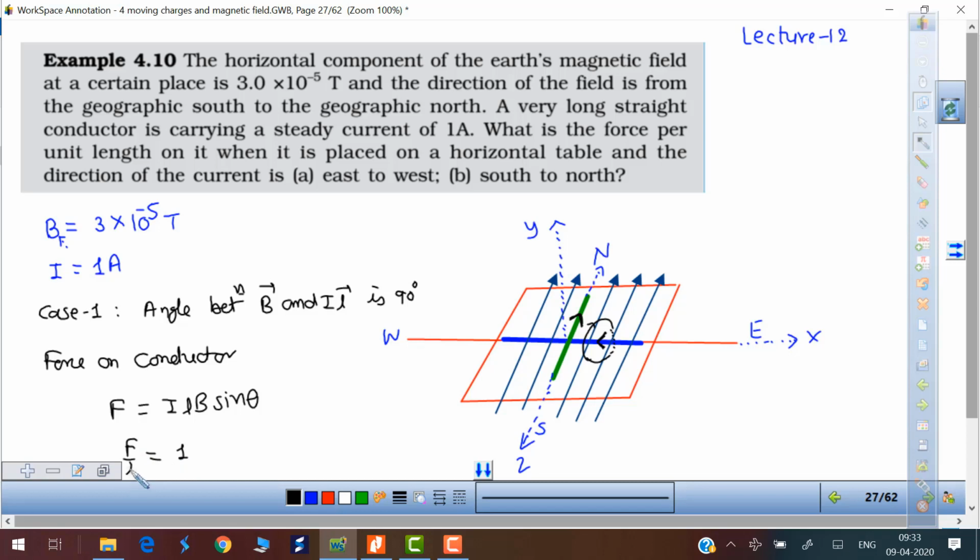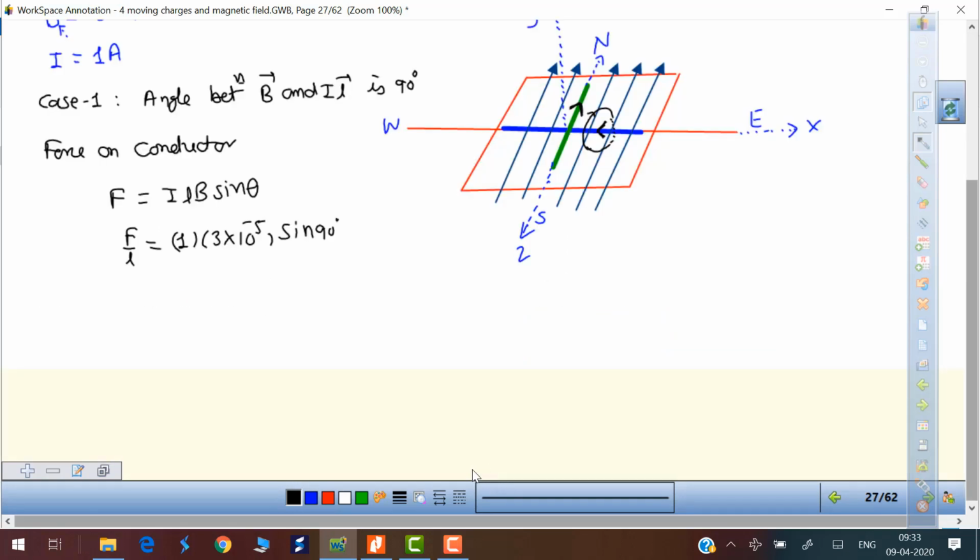So I take F upon L into B. B is 3 into 10 raised to minus 5 and sin 90. So you get 3 into 10 raised to minus 5 Newton per meter. So this is the first answer, force per unit length.